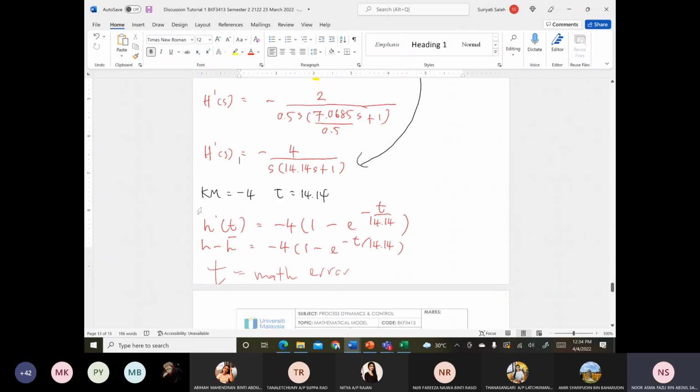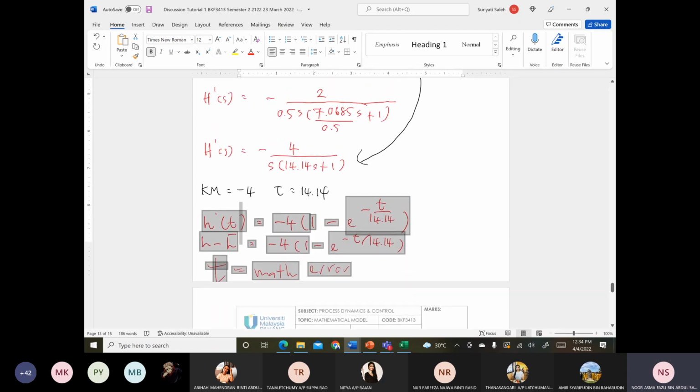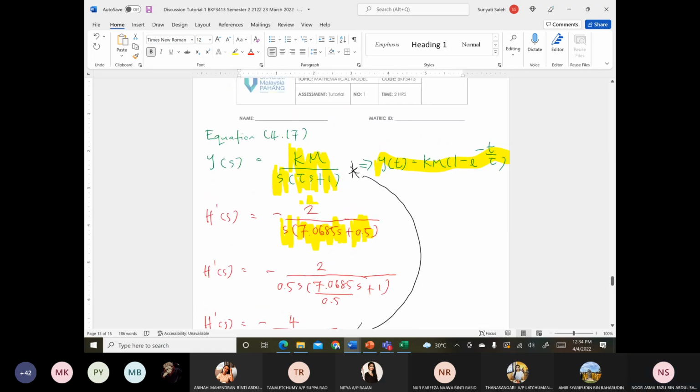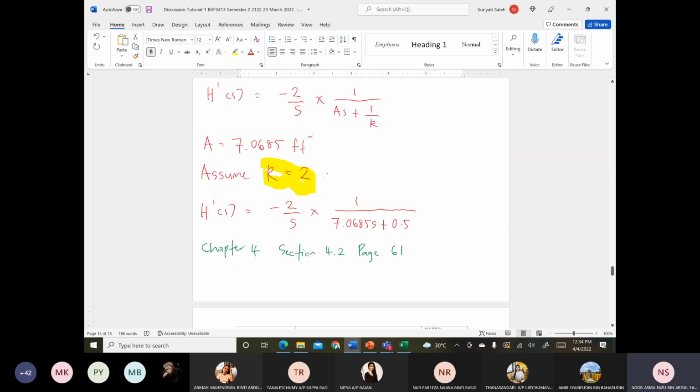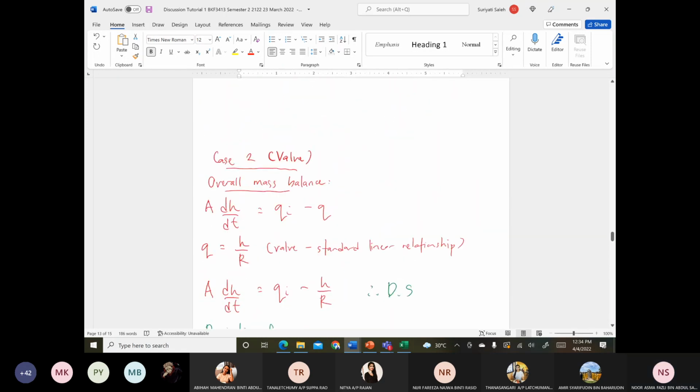So let me copy this one. The last time when we tried to solve it, some of you got math error as a solution. So today we are going to see why you get math error. In this case, there's one more thing. What is our h bar?